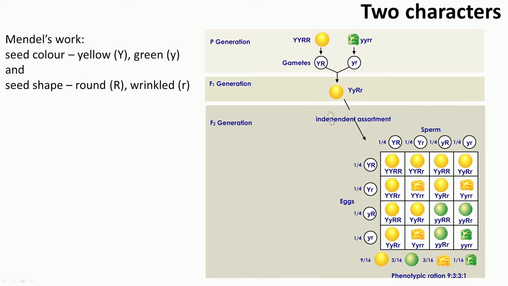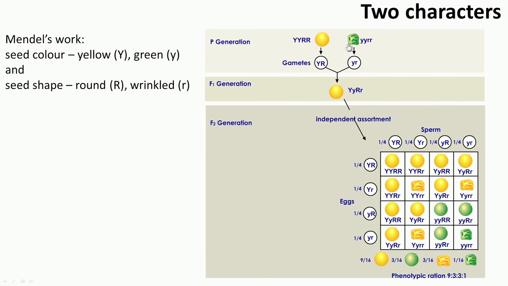And now, let us see the way Mendel saw it. For that, let us look at seed color, yellow capital Y, green small y, and seed shape, round capital R, wrinkled small r, being inherited together or being considered together.